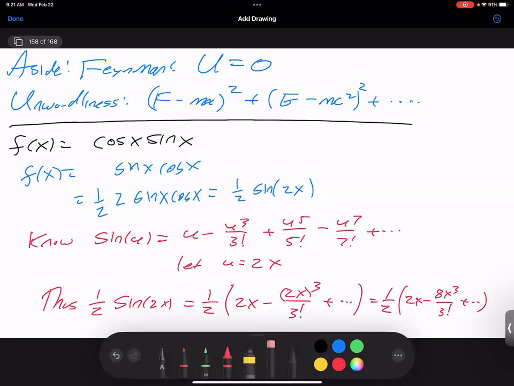And this is just going to be x minus 4x cubed over 3 factorial plus dot, dot, dot. And there we go, the same answer as before. And now you can really see why you're increasing by a factor of -4 every time you go 2 more. So we've reduced this. It's really just, what is the Taylor series of the sine of 2x?